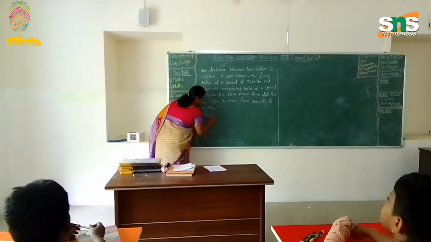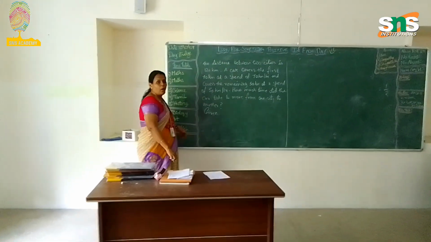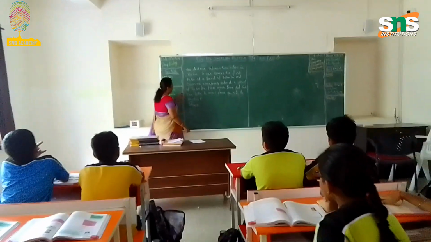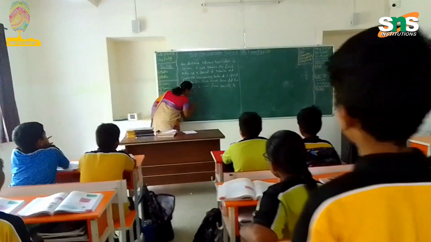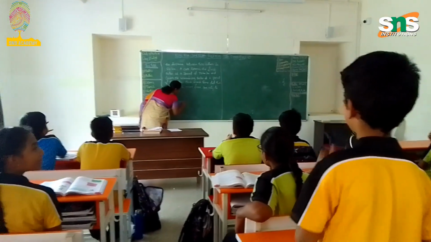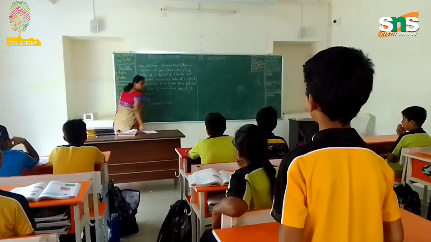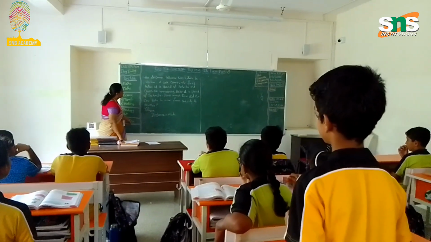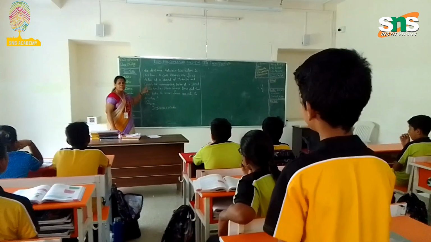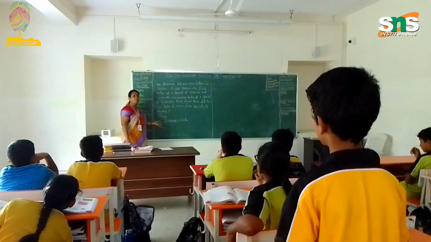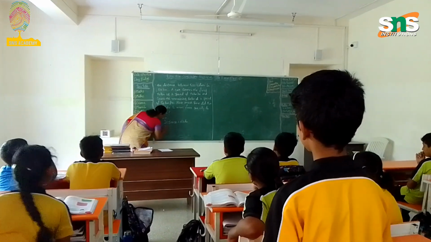Given. Rashid, can you stand up? Whatever the data is given there? 120. Okay. This is equal to 120 kilometers. Then 70 kilometers. 70 kilometers per hour. So speed 70. Very good. 70 kilometers per hour is defining the speed.